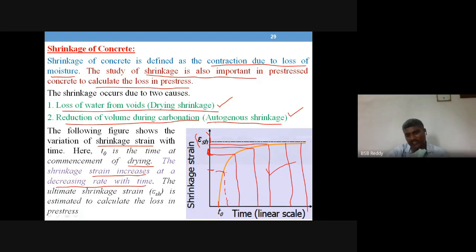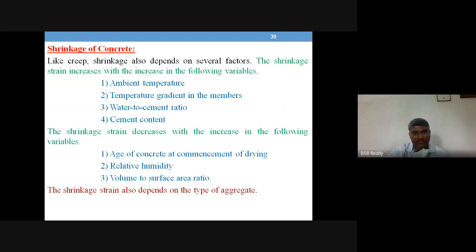As time progresses, the shrinkage is increasing, but the rate of increase is decreasing. Okay, so that is the shrinkage estimate used to calculate loss. Got it. Let us go to the next content.